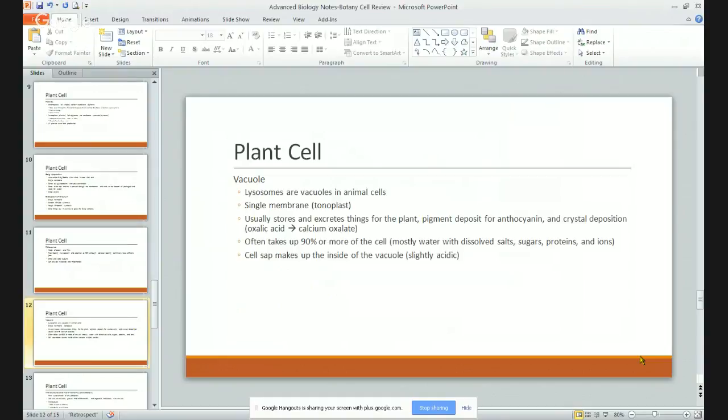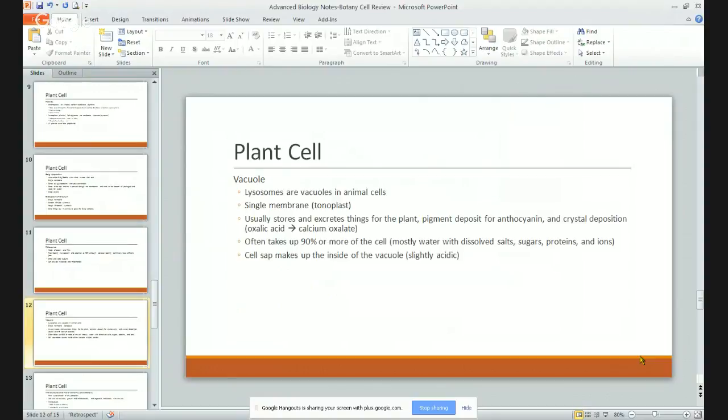They are called lysosomes, and those are used to break down wastes. They're going to contain enzymes that will break down wastes and things like that. Technically you do have these also in a plant cell, but you've also got other types of vacuoles in a plant cell.